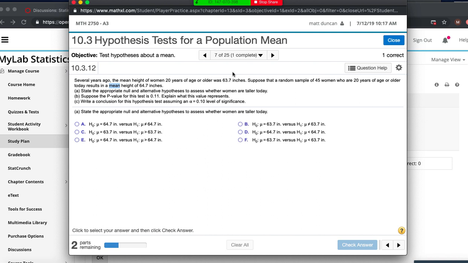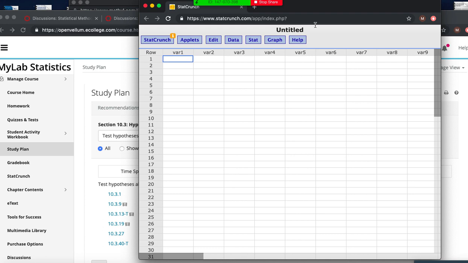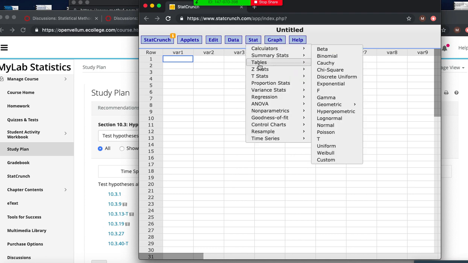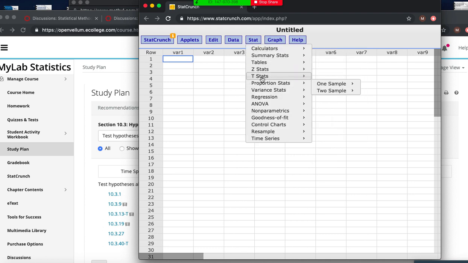So again, that will be a pretty big filter for which type of test you're going to run in StatCrunch. Because when you're in StatCrunch, you go to Stat, and the only places that you'll really go are T Stats and Proportion Stats, besides the goodness of fit.